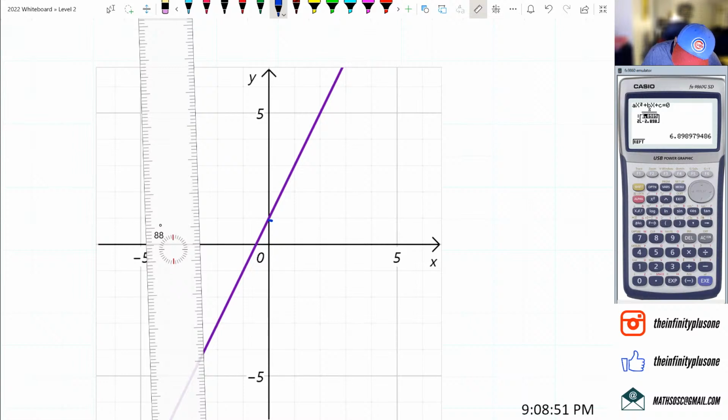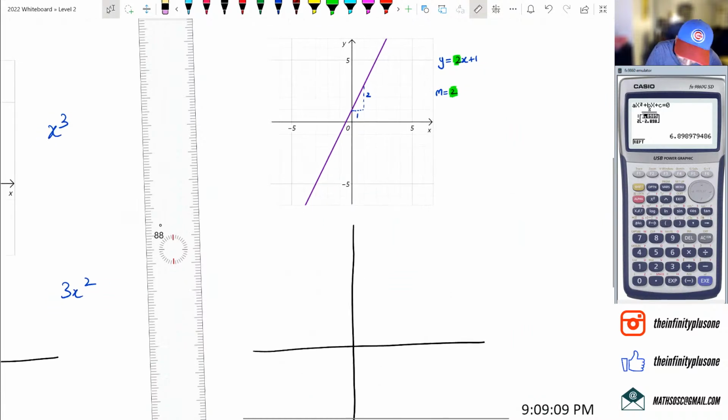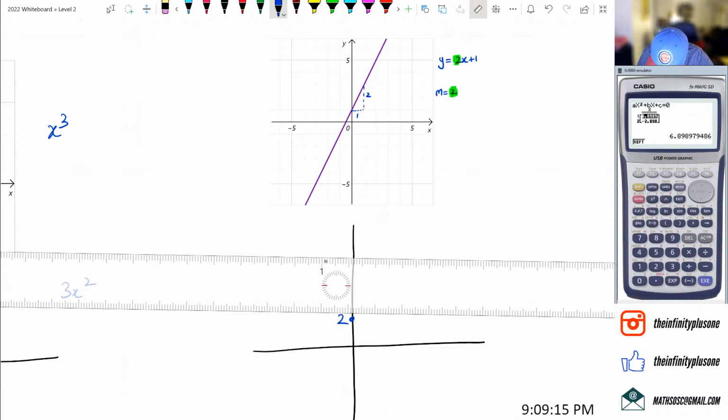And you can see that it is going up by 2, run is 1, so this one's gradient is equal to 2. But remember, we did say this was going to be 2x plus 1, and the gradient is 2, which means your differentiated function at 2, you're going to get a flat line like this.